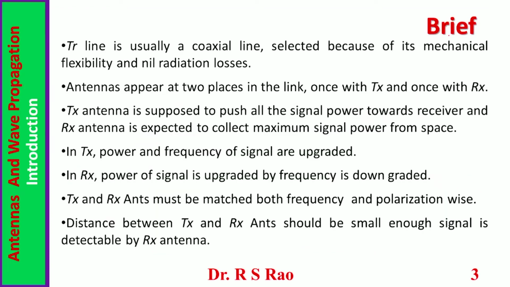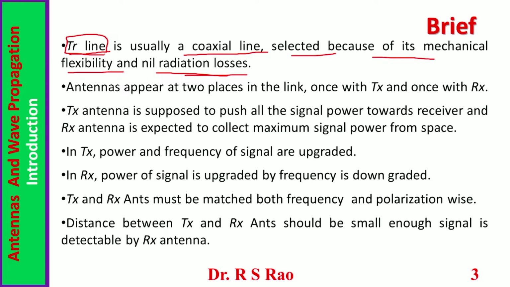Here is a brief regarding what has been illustrated in the previous slide. Transmission line is usually a coaxial line. Coaxial line is selected because of its mechanical flexibility and no radiation losses. What is this transmission line? It is the line which connects the transmitter circuit to the transmitting antenna.